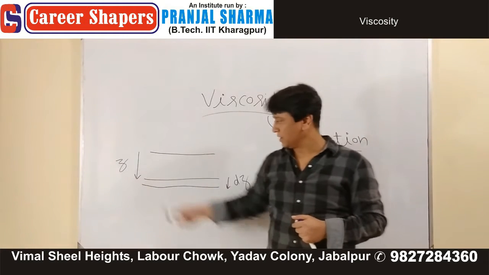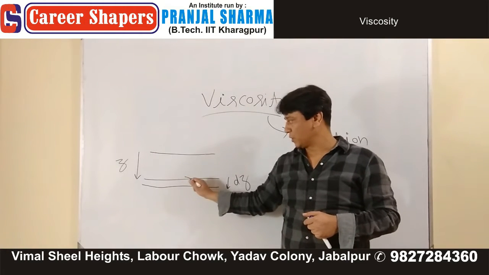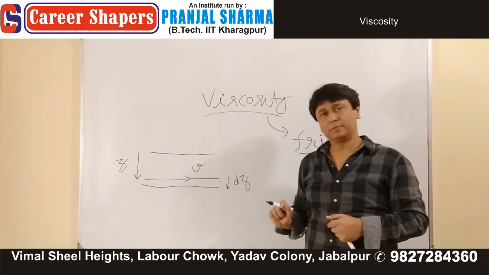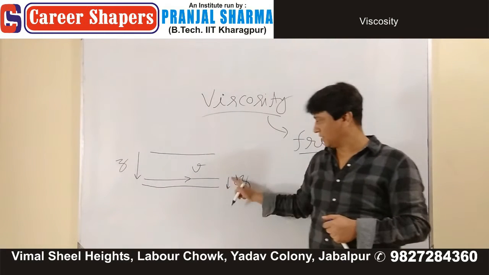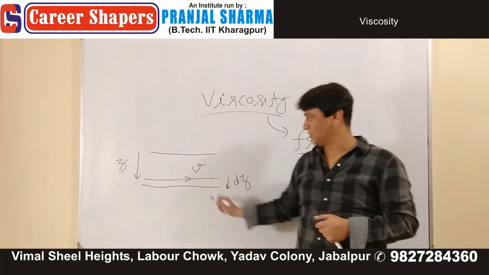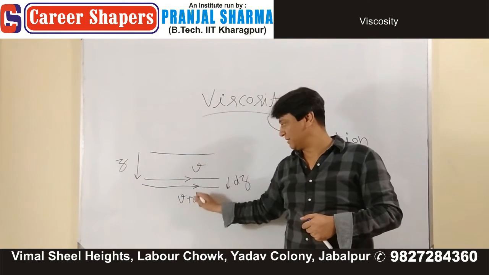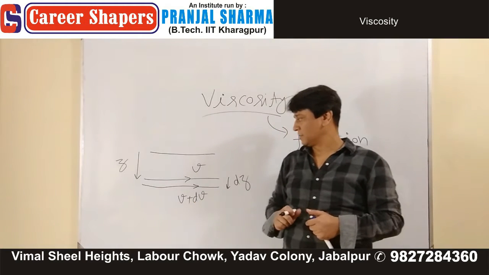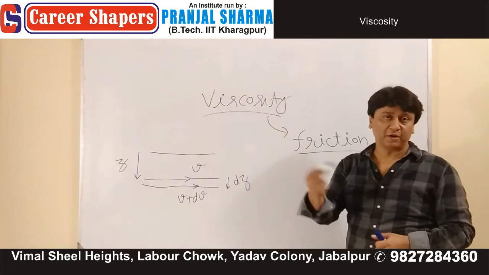Liquid is flowing. At a distance of z, you found that the liquid layer is moving with v. The other layer, at a further distance of dz, is moving with v plus dv. Different layers, different speeds.